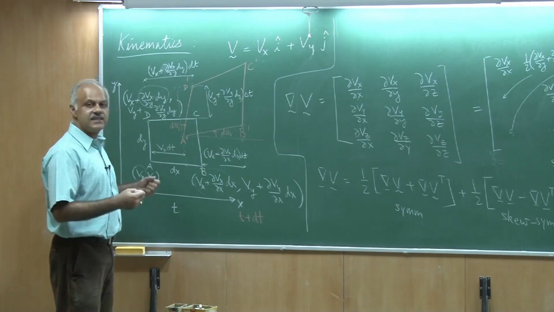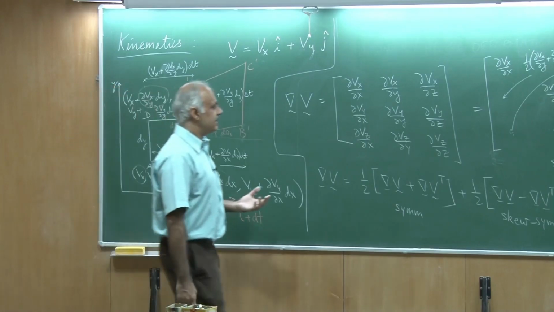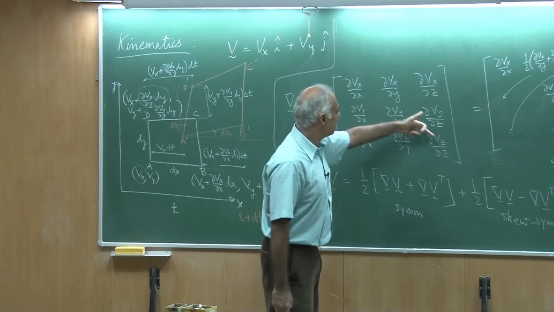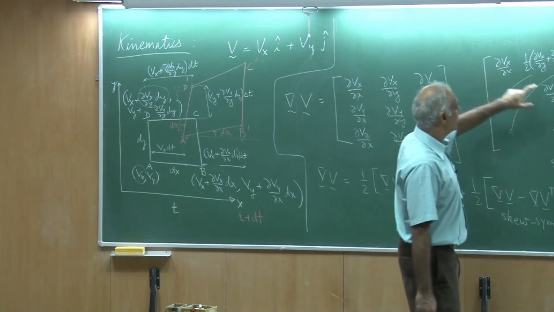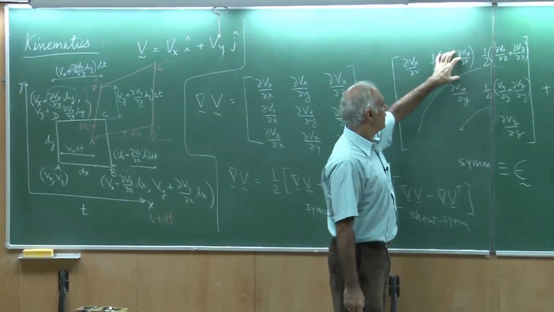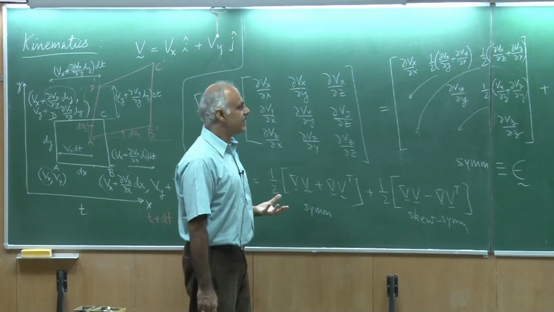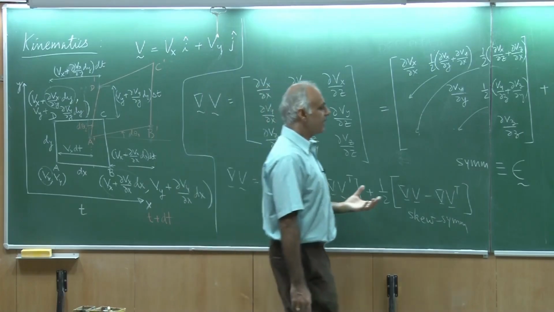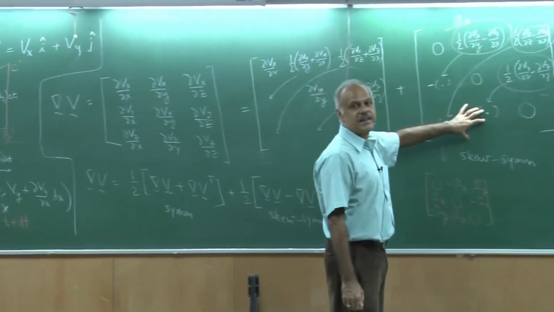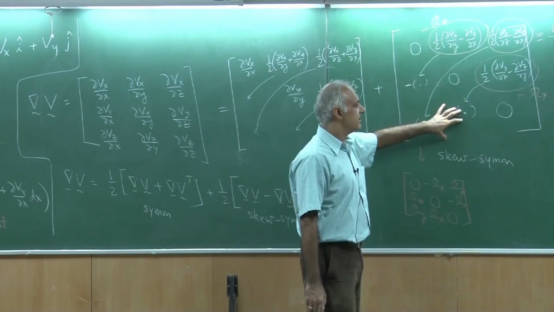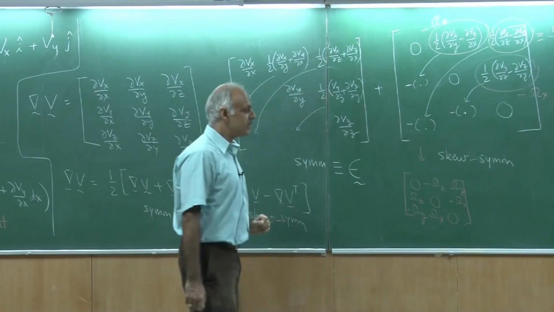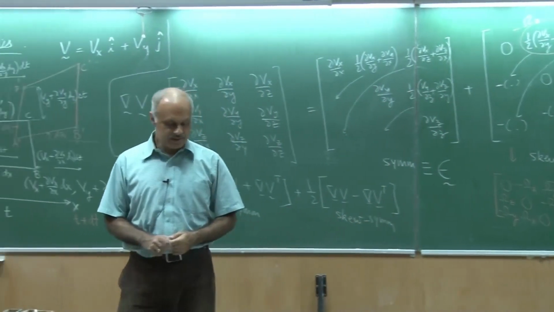It is either extensional or rotational. The extensional is given by the diagonal, these three terms. These off diagonal terms tell me the shear strain rate of the element, and the skew symmetric part is simply telling me about the rotation. So, this is an absolutely fascinating decomposition.